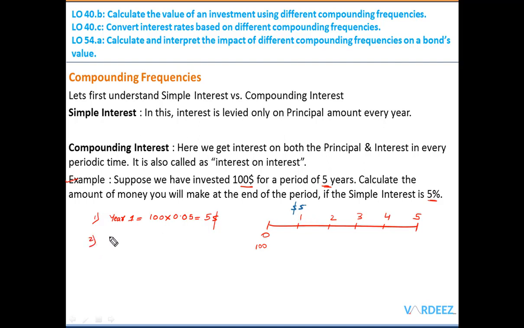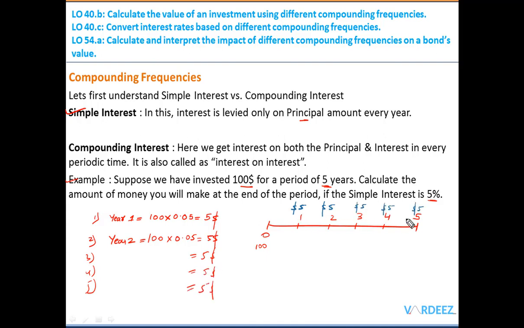Now in year 2, we get interest only on the principal. So it's going to be again 100, which is the principal amount that we have, times 0.05, which is $5 as well. So again $5 here. Similarly, I can calculate for year 3, year 4 and year 5, and I will get $5 in each of these years.